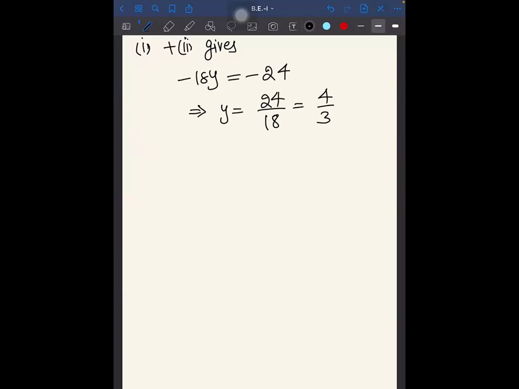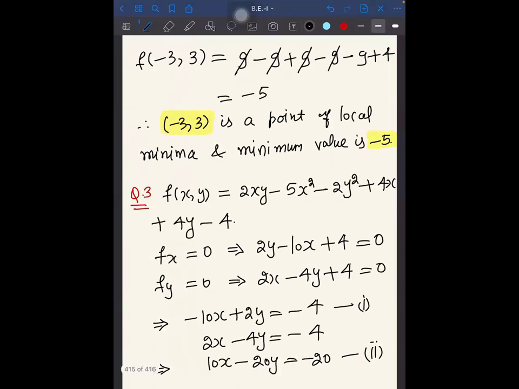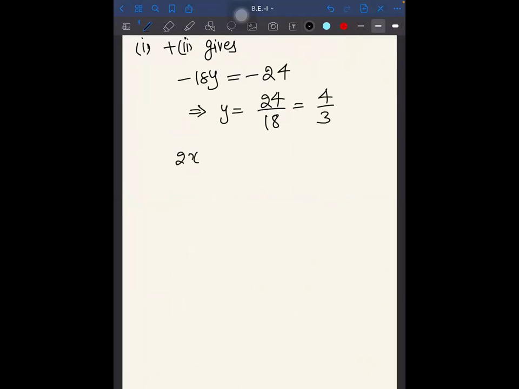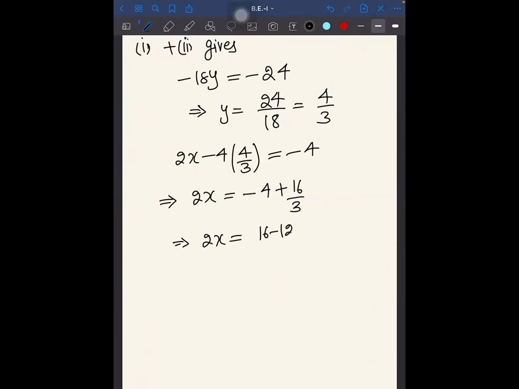Okay, so let's put this value of y over here and we'll get the value of x. So this becomes 2x minus 4 times the 4 by 3 is equal to minus 4, right? So that is 2x is equal to minus 4 plus 16 by 3. So 2x is 16 minus 12 by 3, which is 4 by 3.